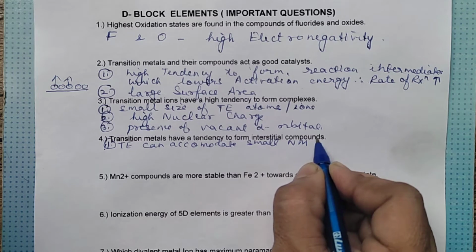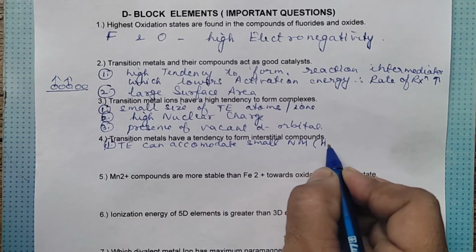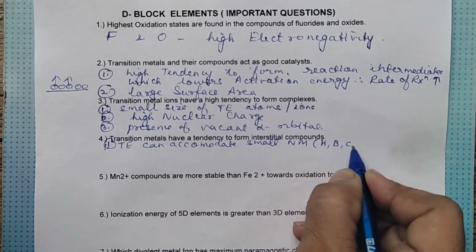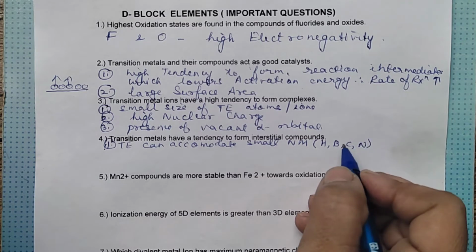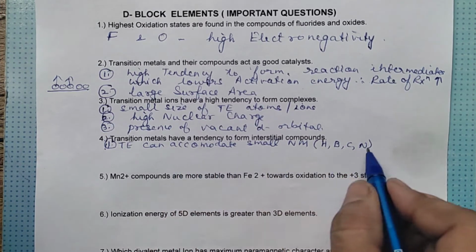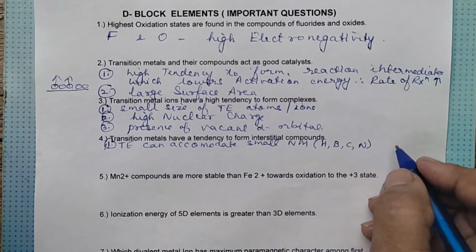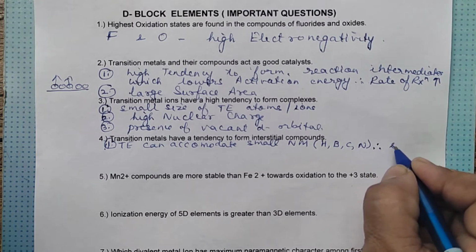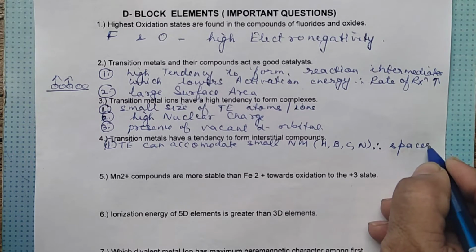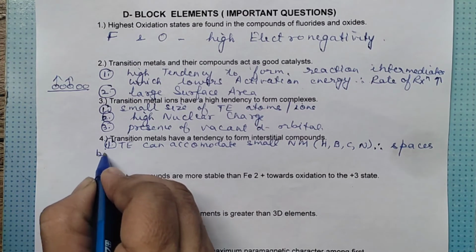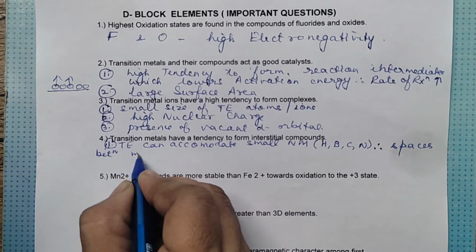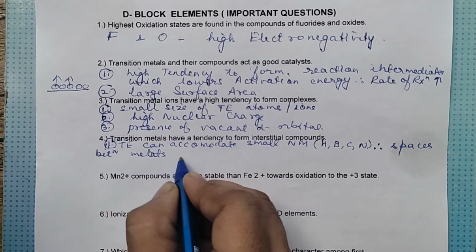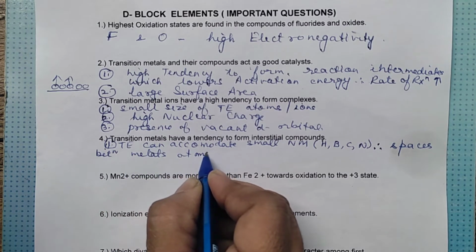Which non-metallic atoms they can accommodate? Hydrogen, boron, carbon, nitrogen. Okay, why they can accommodate? They can accommodate these small non-metallic elements because of the presence of spaces between metal atoms. There are gaps between them. This is the first point you can write down.